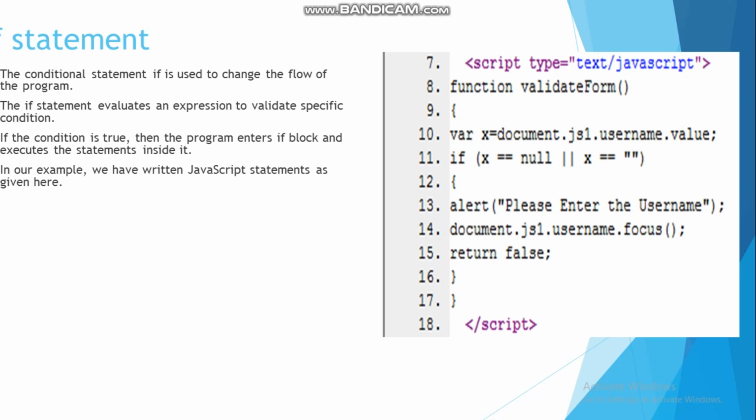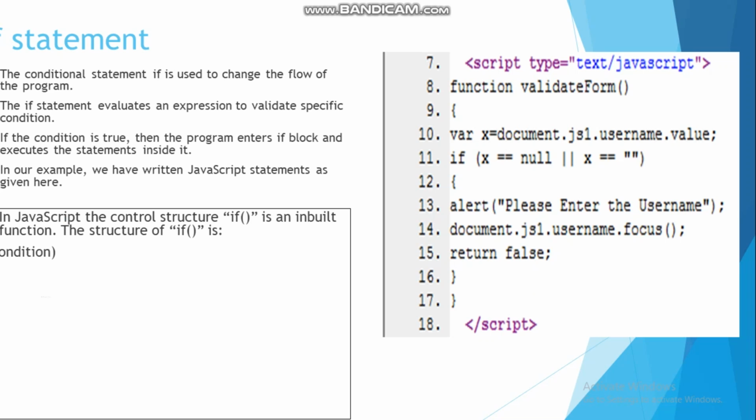Null means nothing. So if it is null, means the user doesn't type anything, then it will display a message, please enter the username, and it will keep focus onto the username text box, and then it will return false. It means the form will not get submitted. So all this we have studied.